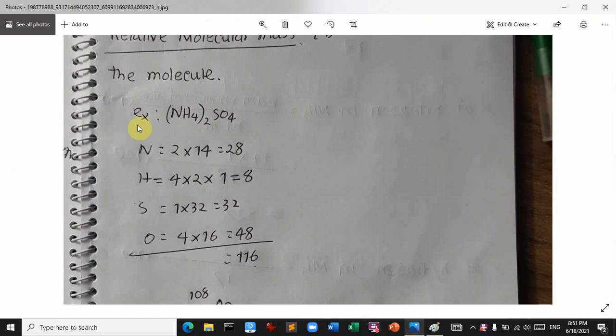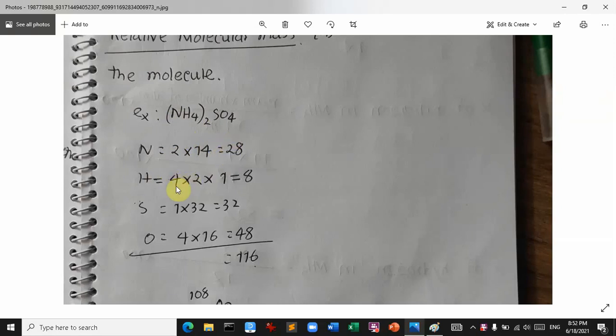For example, here there are 2 nitrogen atoms, and the mass of one nitrogen atom is 14, so the total mass will be 28.